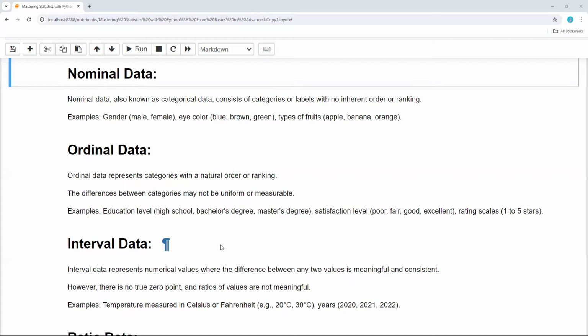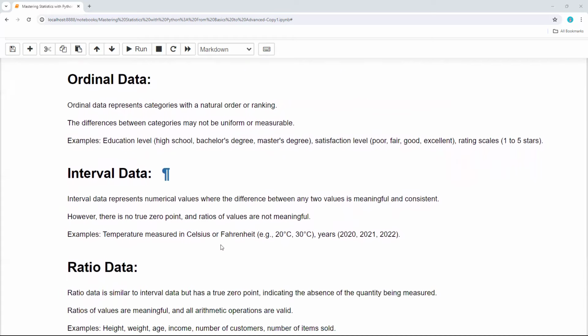And the other type is interval data. Interval data represents numerical values where the difference between any two values is meaningful and consistent. Interval data is nothing but numerical data. However, there is no true 0 point and ratios of values are not meaningful.